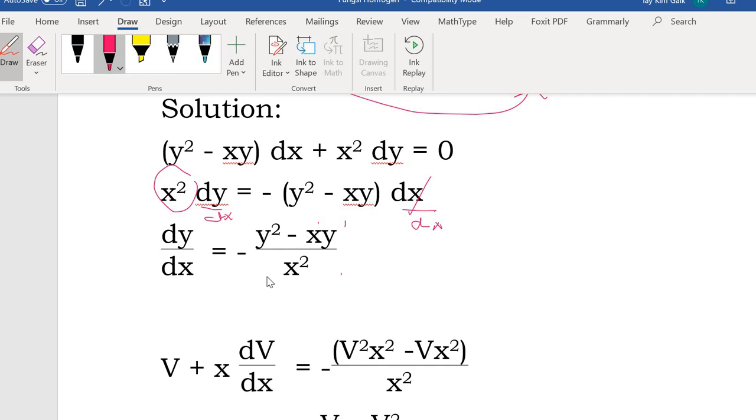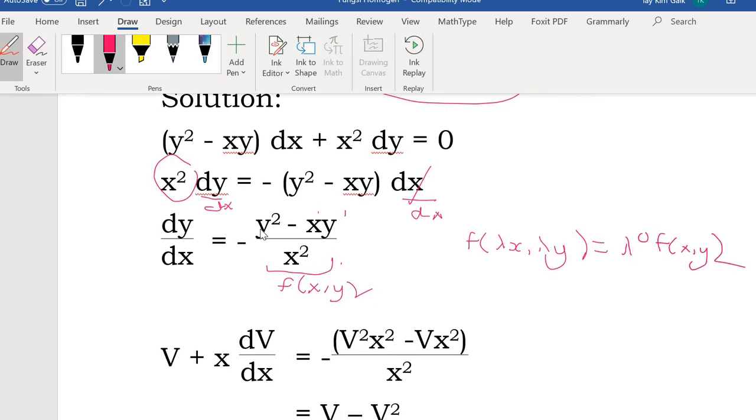Or you can prove this is a function of x, y, then you prove that f of lambda x, lambda y must be equal to lambda power 0 times f of x, y. Then this is what we call a homogeneous equation.